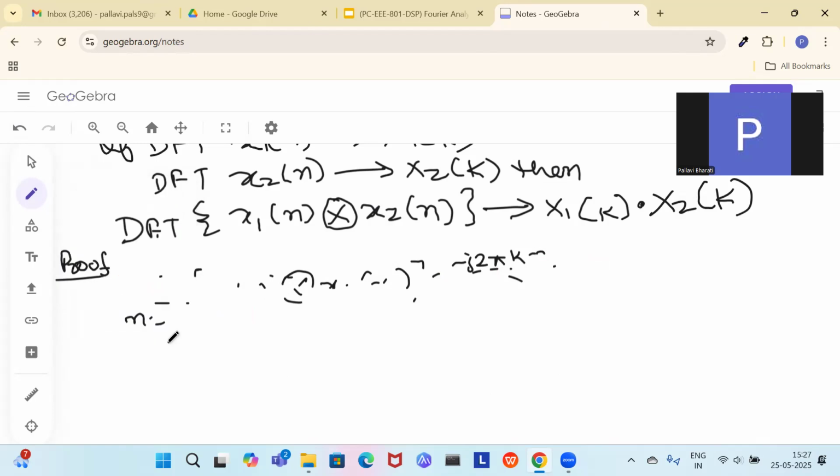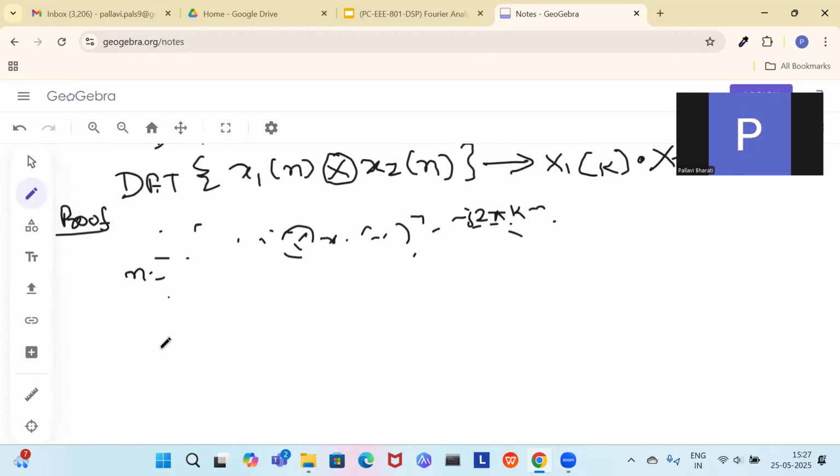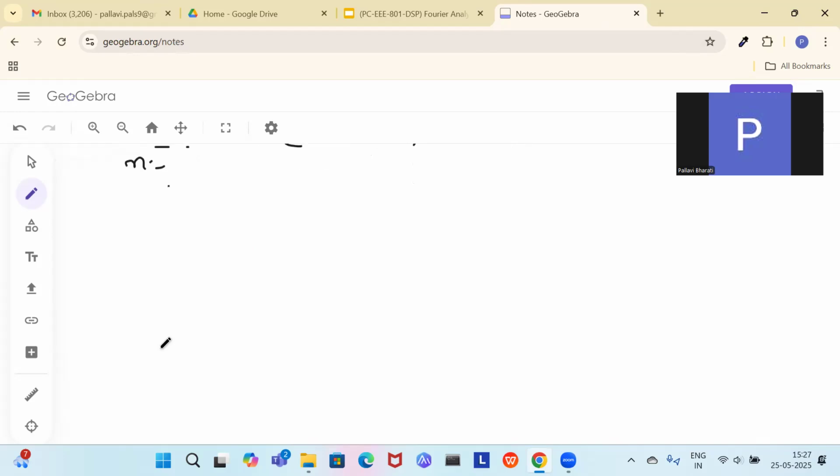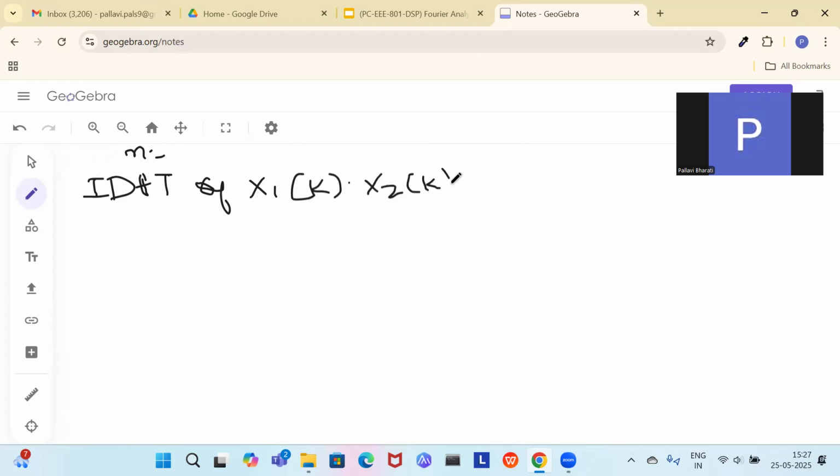So what we are going to do is take X1(k) into X2(k). We'll start with that. We'll take out the IDFT of X1(k) into X2(k). How to write this?